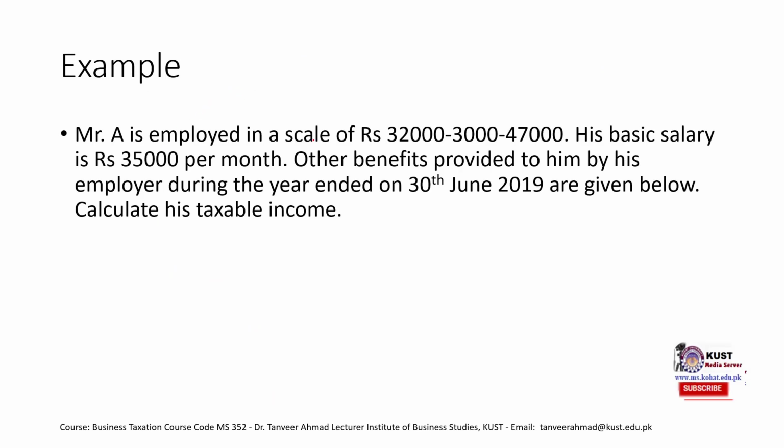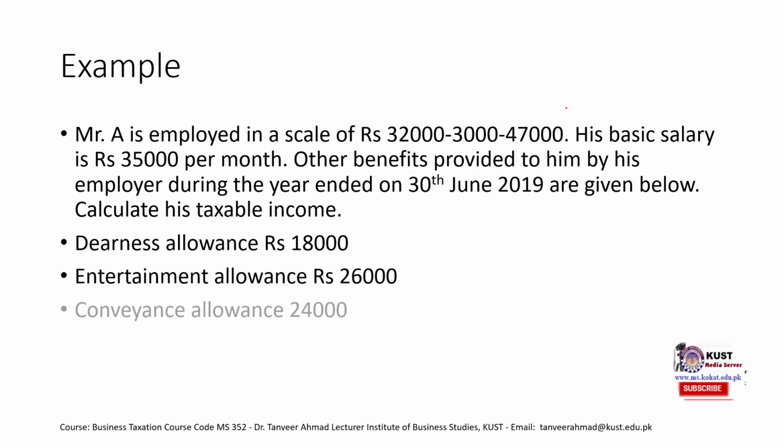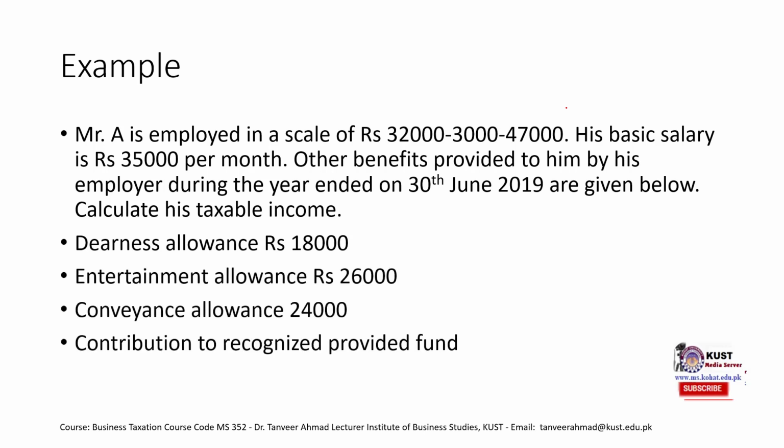Mr. A is employed in a scale, the scale is given. His basic salary is 35,000 per month. Other benefits provided to him by his employer during the year ended on 30th June are given below. Calculate taxable income. So we have been given dearness allowance, entertainment allowance, then conveyance allowance, contribution to recognized provident fund.